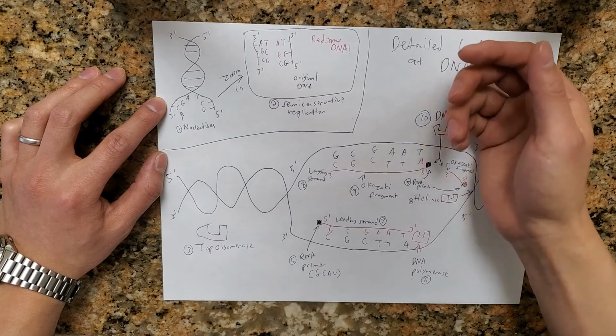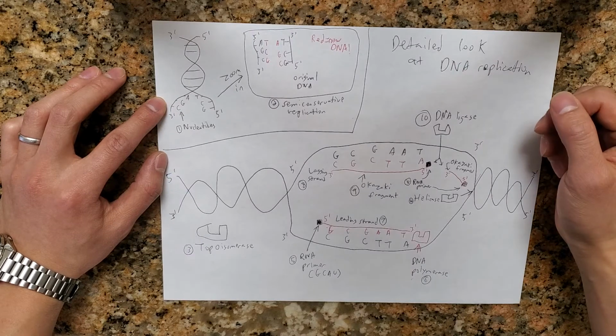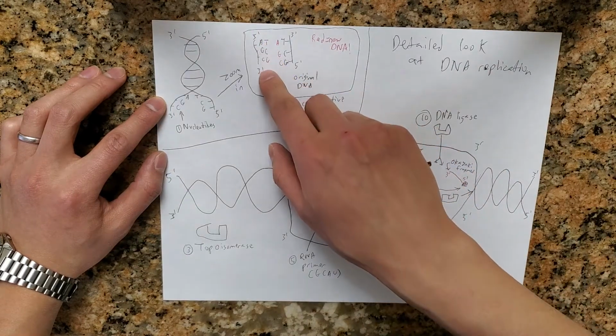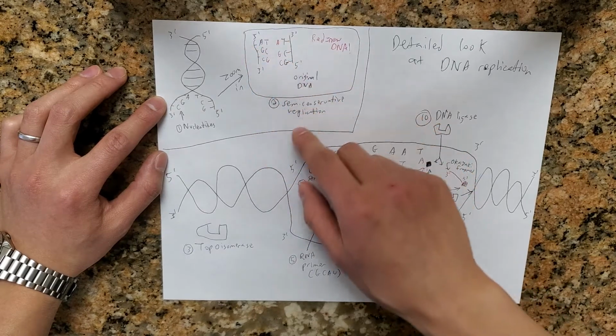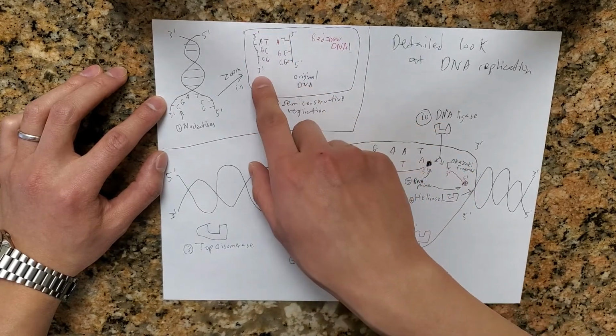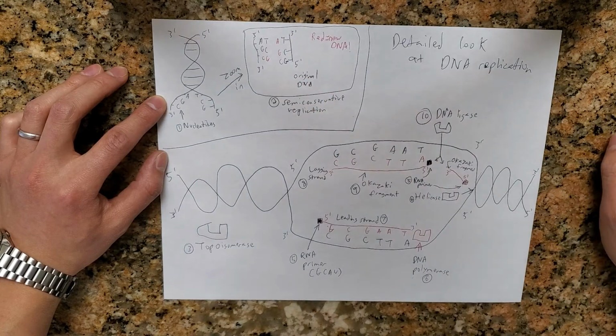So as you know, G matches to C, C to G, A to T, and T to A. And so because of that, when the DNA separates, new nucleotides are added in, and as you can see, this piece of DNA is exactly the same as this piece of DNA when you add in the nucleotides.